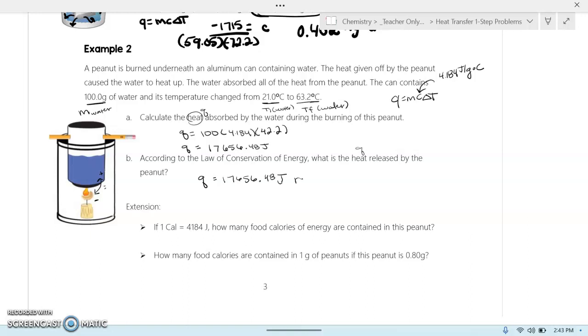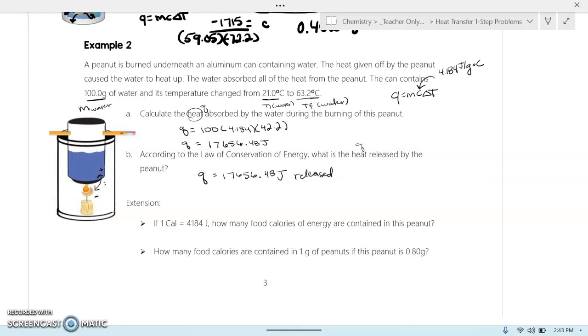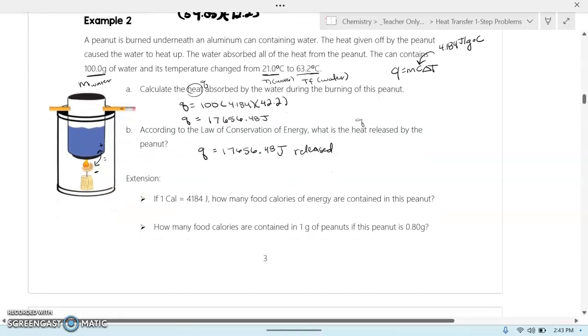So this is released or burned from that peanut. And this is the way that food chemists calculate the calories.